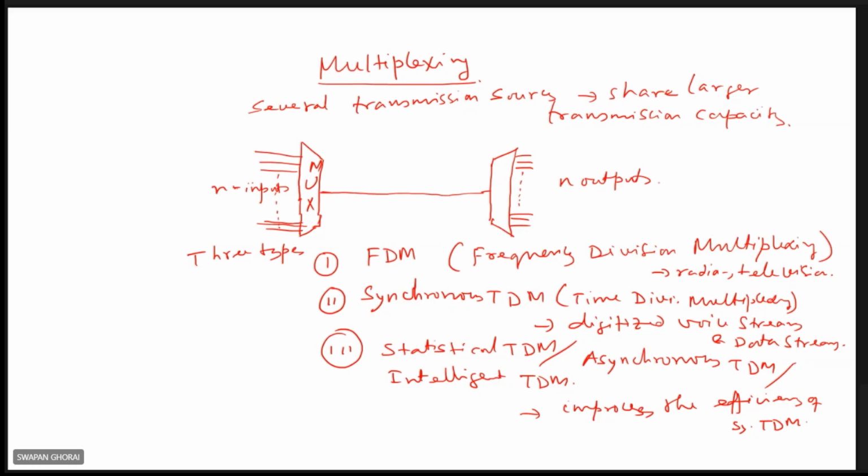So let us first focus on FDM, frequency division multiplexing. The condition in FDM is that it is possible when the bandwidth of the transmission medium exceeds the bandwidth of the signals that are transmitted.